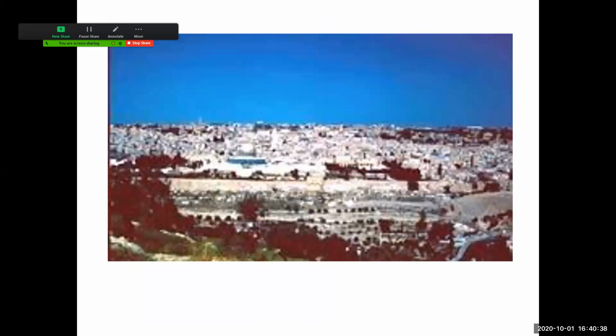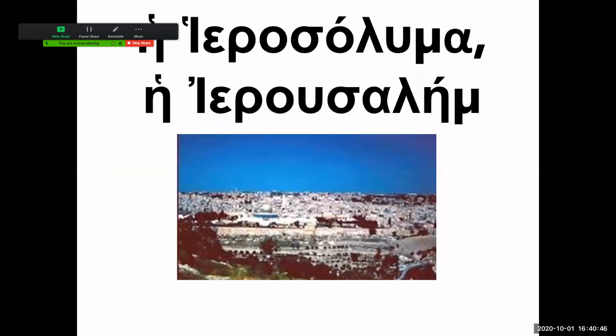Now, you probably recognize this city, even though the picture I have here is a little out of focus. I think you'll be able to put it together. There are two names for this city in the New Testament. One is he Hierosoluma. Notice that we have no diphthong with iota epsilon, so we have to pronounce each letter separately. We don't say he, we say he Hierosoluma. Hierosoluma.